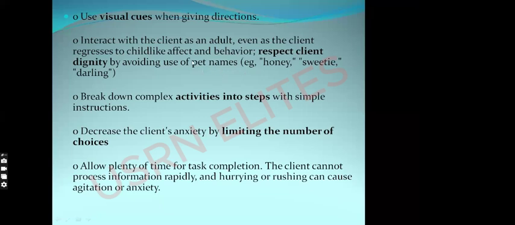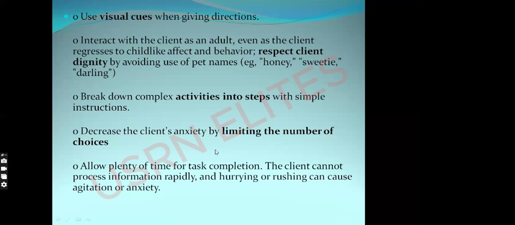Address them with their originally known name. Then we have to break down complex activities into simple steps, with simple instructions. Don't complicate things to them. That's what we want to say.